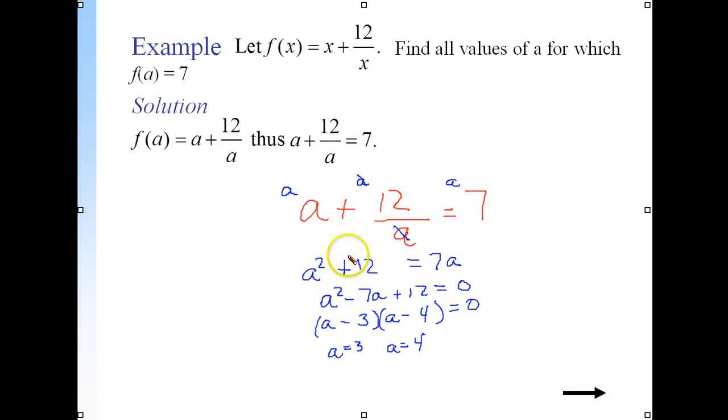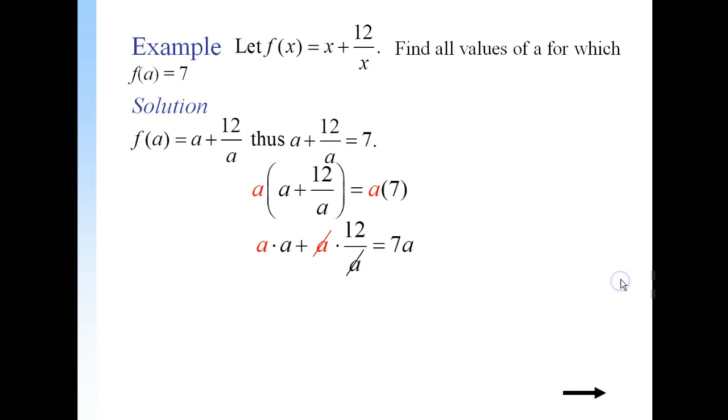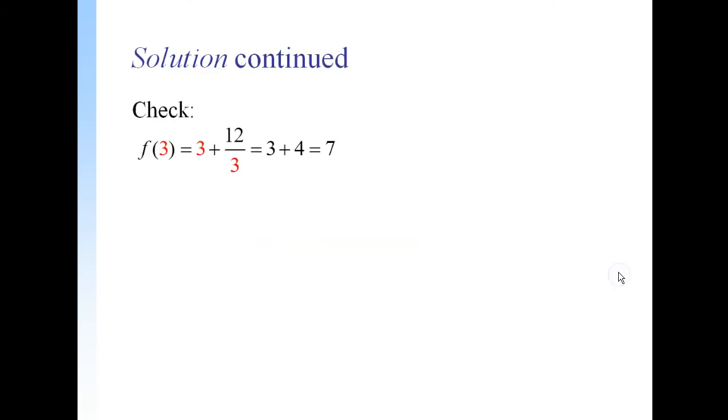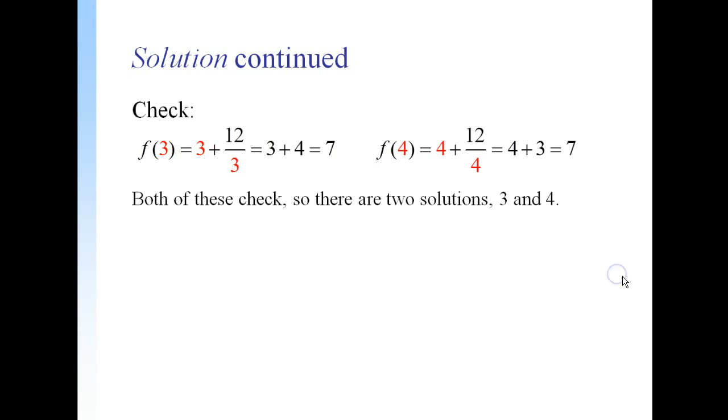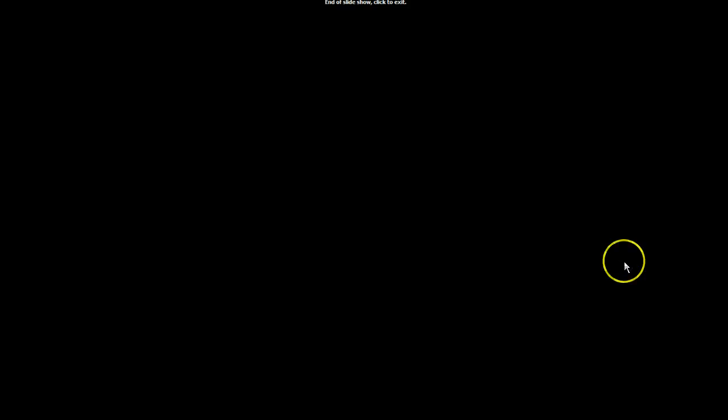And neither of them make our denominator a 0, so that's good. And that's what we did. Factored it, and those are our answers. And if we check it, they both check. And that's what it looks like on a graphing calculator.